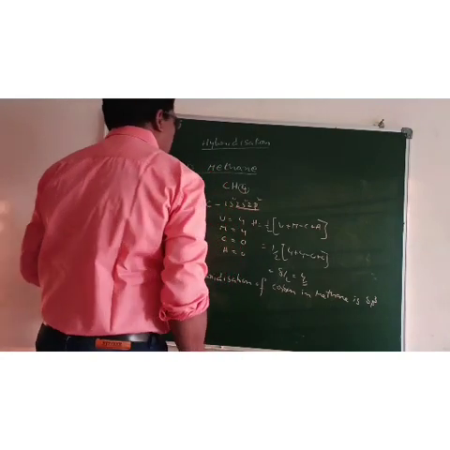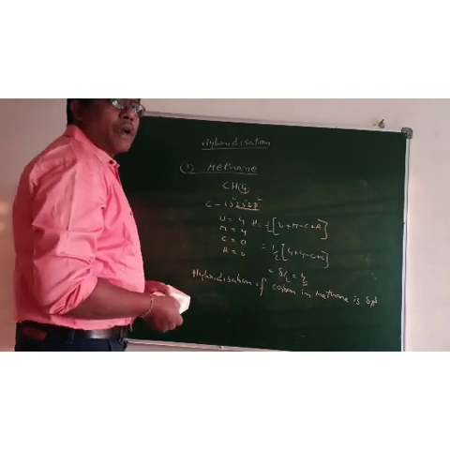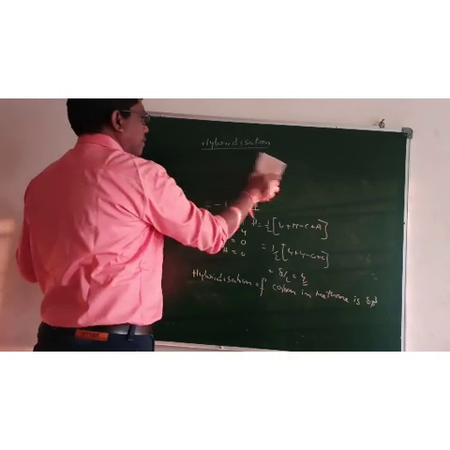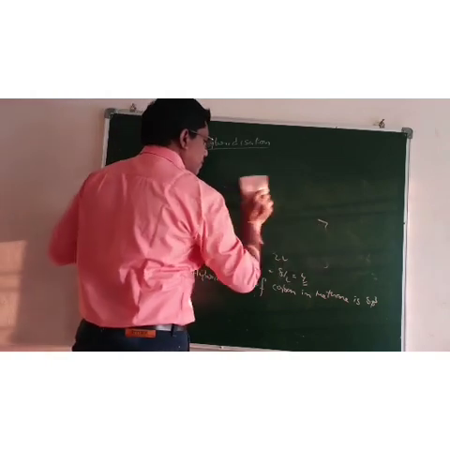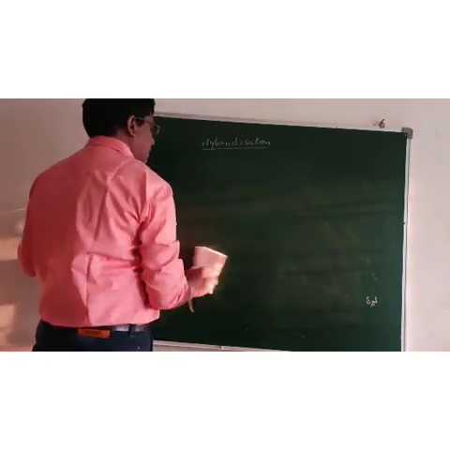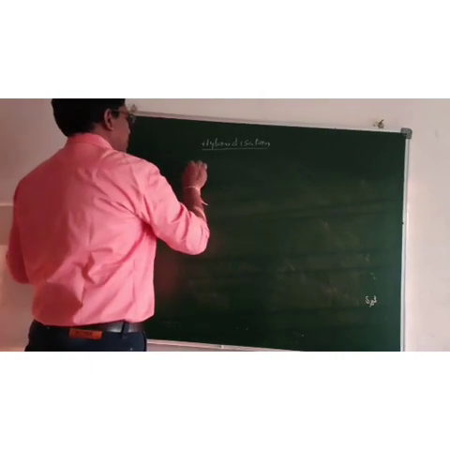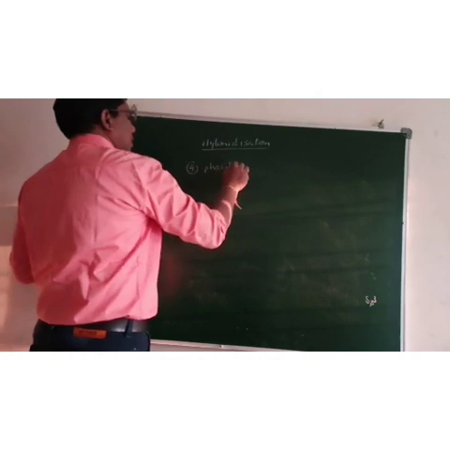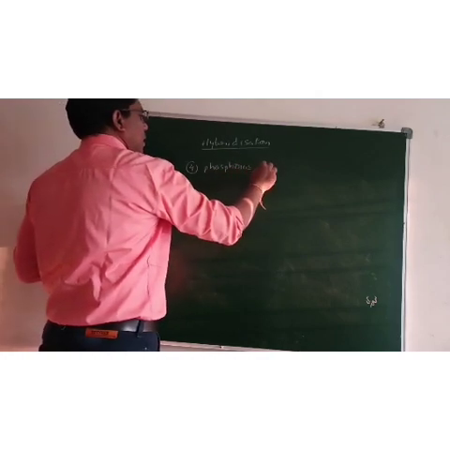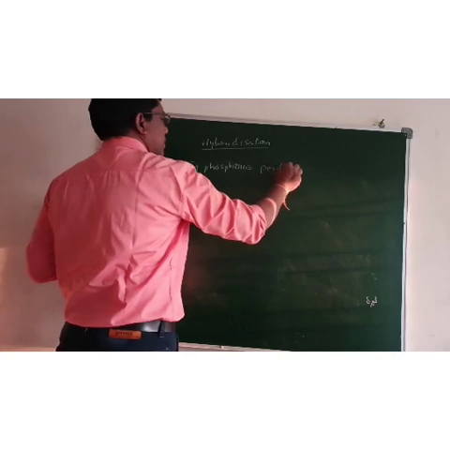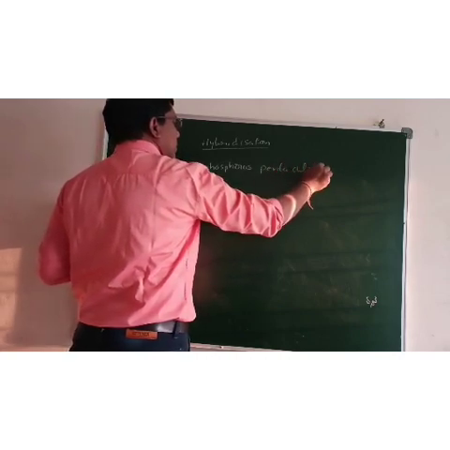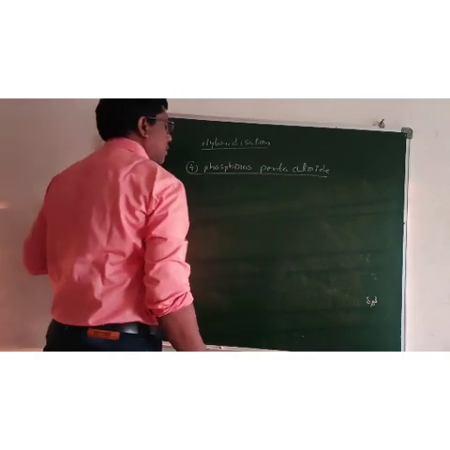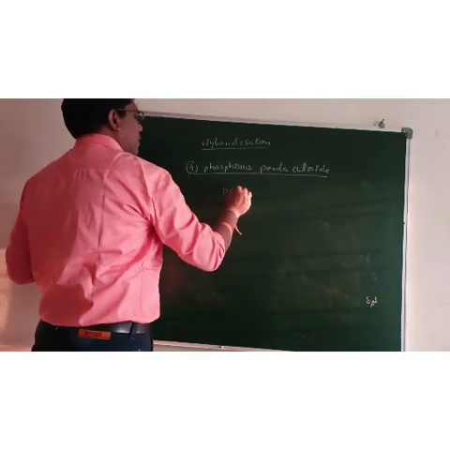Next we go to another example, phosphorus pentachloride. Its formula is PCl5.